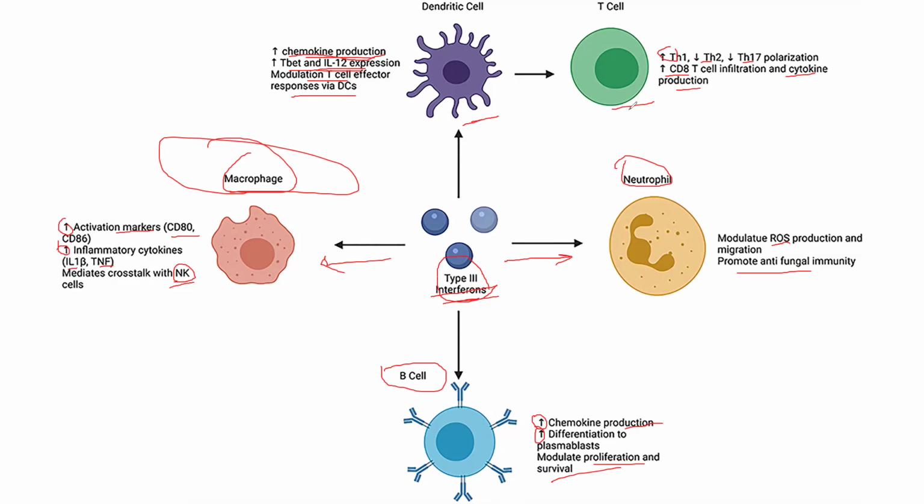T helper cells, dendritic cells, neutrophils, macrophages and B cells, all the components of immunity which can help check the growth and proliferation of viruses, will get activated so that they work in coordination with each other, and ultimately it will result in the elimination of that viral infection. Thank you.